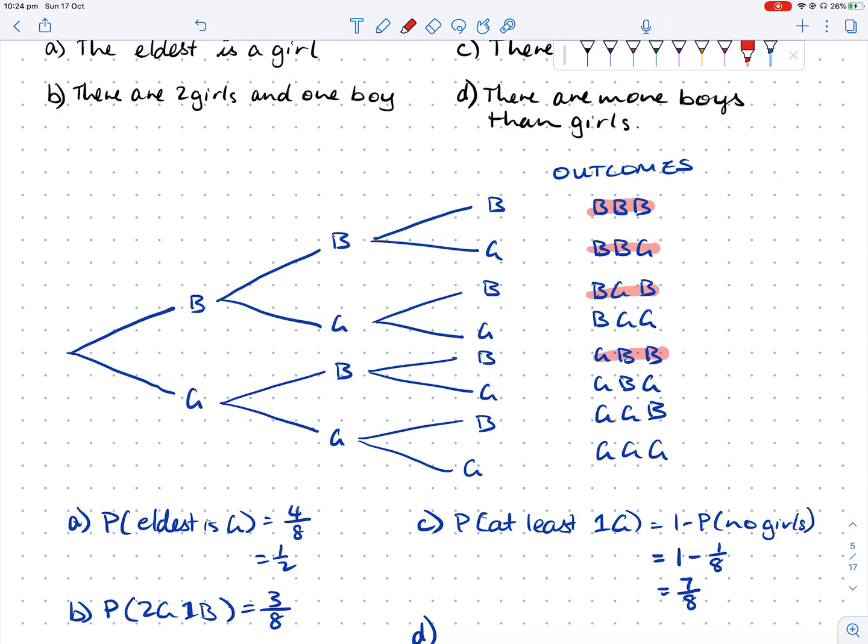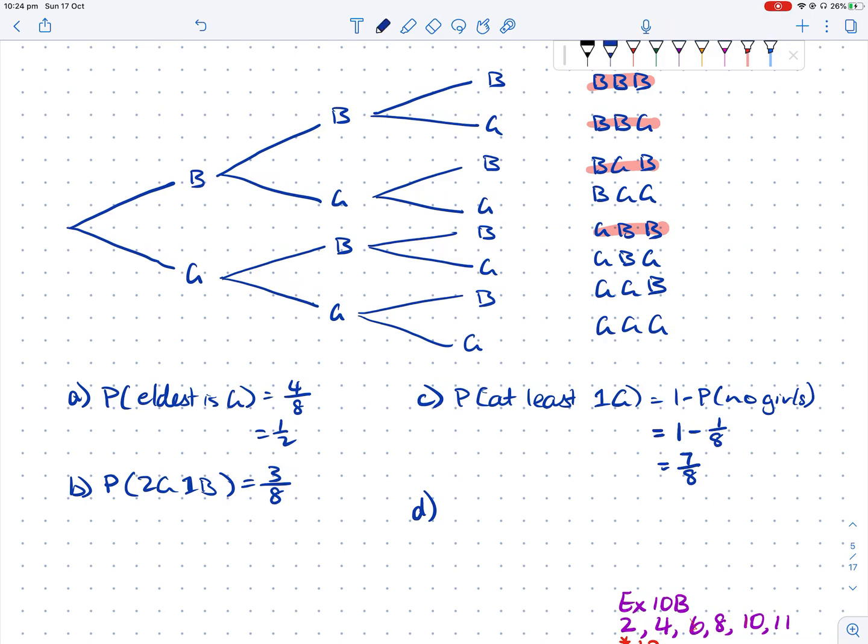But we've got 2 boys here again. Basically, the majority is boys, so you need 2 or 3 of them. So you've got 4 outcomes. The probability of more boys than girls will be 4 out of 8, which is again a half.